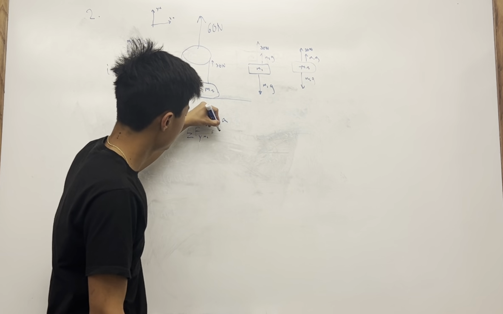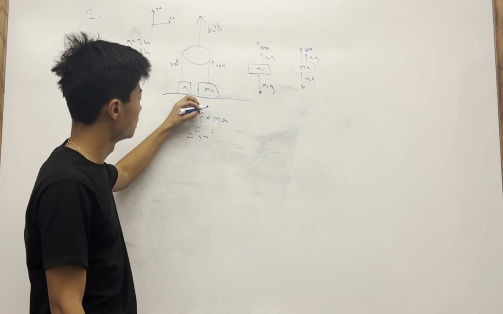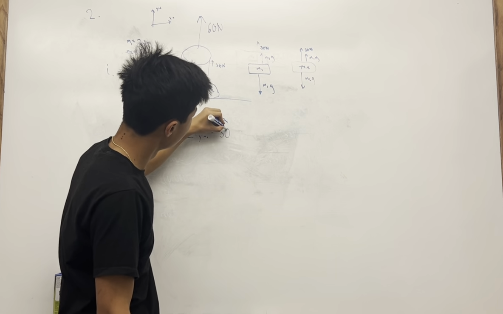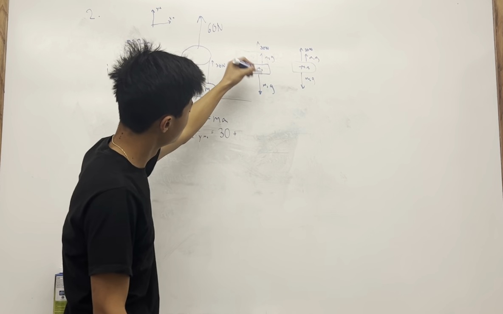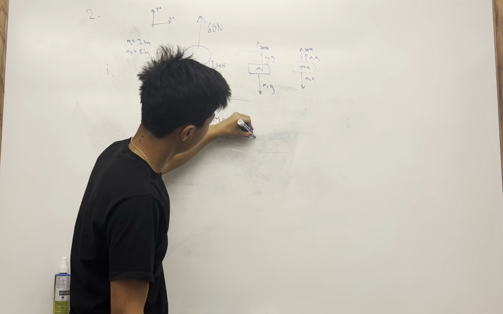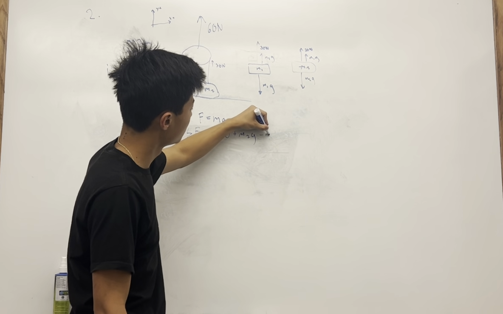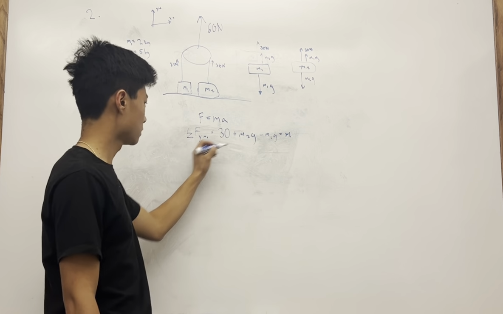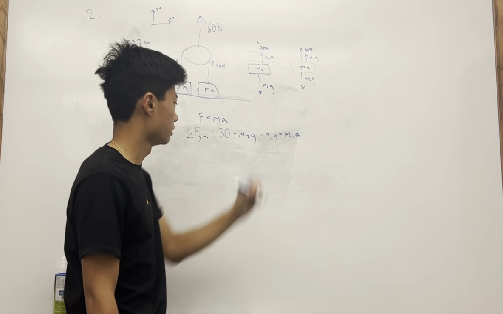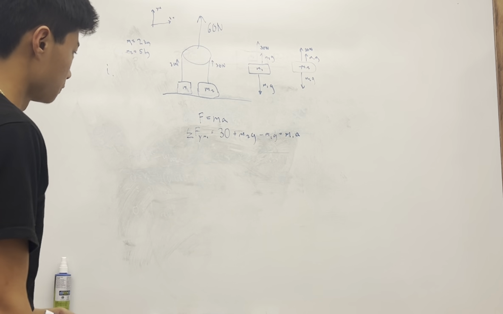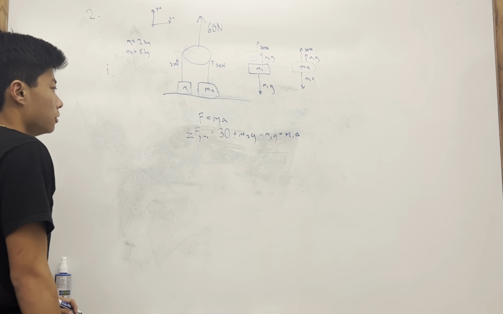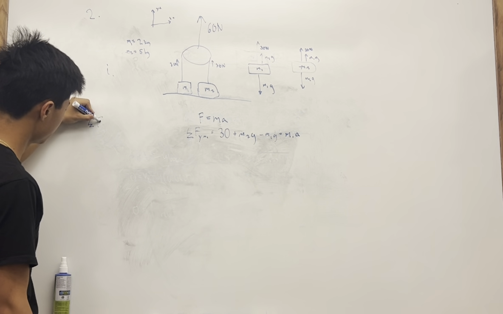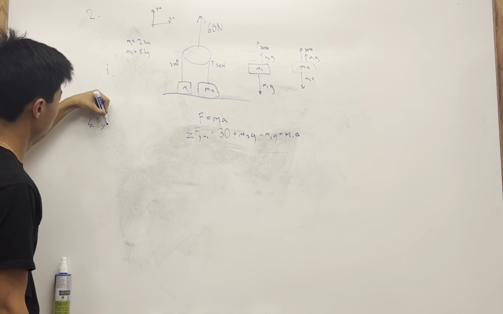So we add our forces, because force equals mass times acceleration, which is 30 plus m2g minus m1g, because this is negative, equals mass 1 times acceleration. Now we can set that up for the forces in the y direction of mass 2.